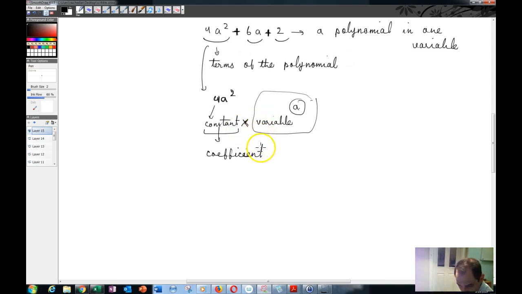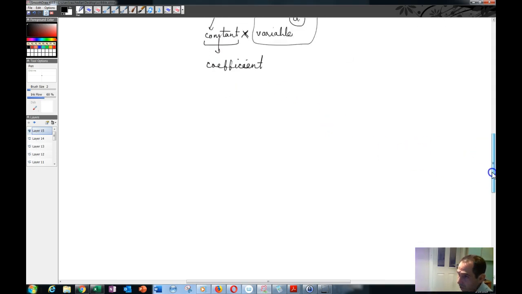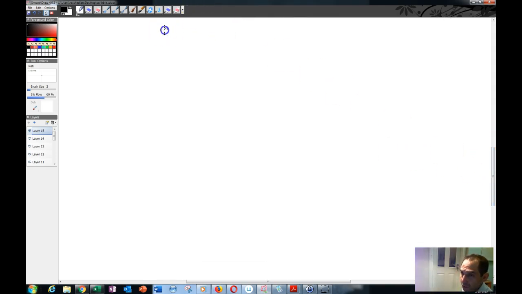And then there is also something called the constant polynomial. The constant polynomial is basically the kind of polynomial in which, first of all, there is only one term. For example, in the previous example we had 4a squared plus 6a plus 3.